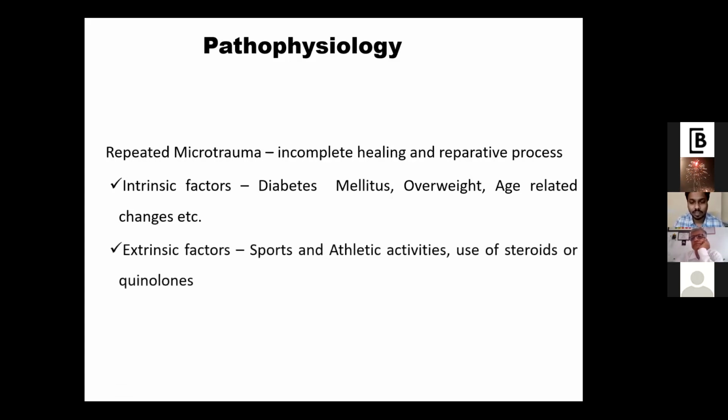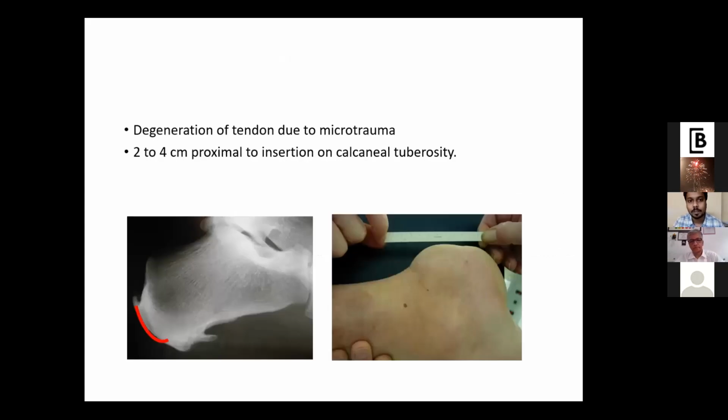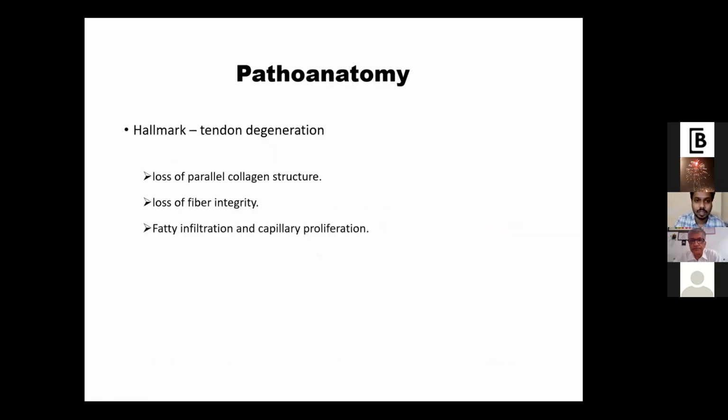These extrinsic factors can cause this microtrauma: sports and athletic activities, use of steroids and quinolones, which can alter the tendon structure. The degeneration of the tendon typically happens at 2 to 4 centimeters proximal to the insertion on the calcaneal process. You can see the bump here. So this is typically where you have insertional tendinopathy of the Achilles tendon.